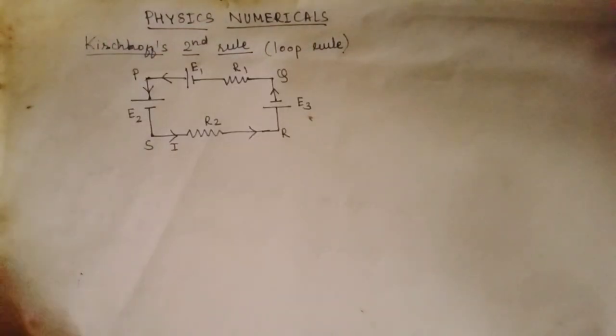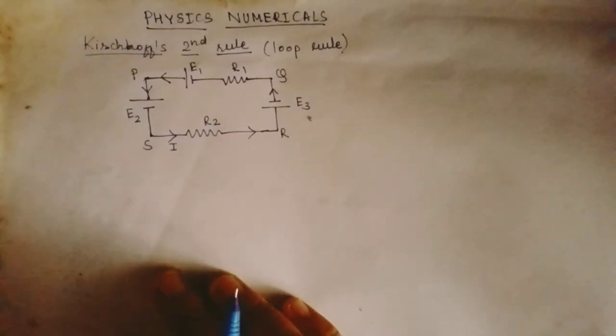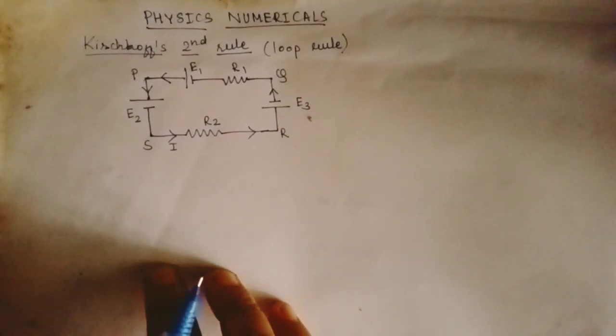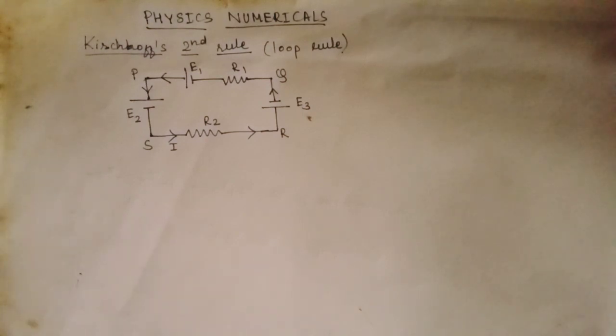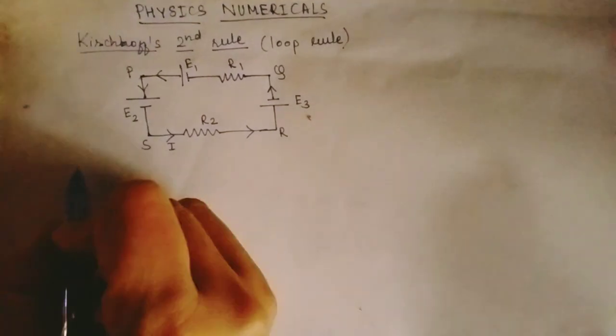Suppose we have this circuit. Now we have to write that loop. The first thing you should know is how to write the sign for the product IR.